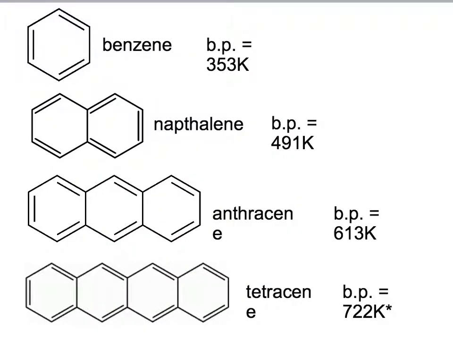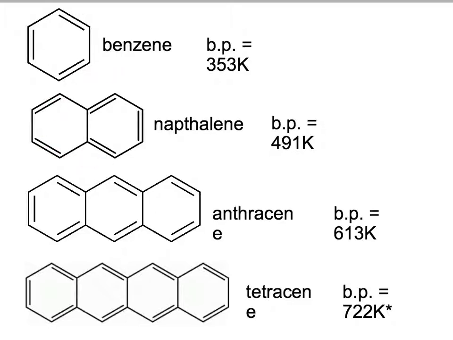All right, here's some other data just further emphasizing that point. If I look at something like benzene, this 6-carbon ring, its boiling point is 353 Kelvin. Naphthalene, which looks like 2 benzene rings together, increases my boiling point a little less than 140 Kelvin. So what I did here is I increased my surface area.